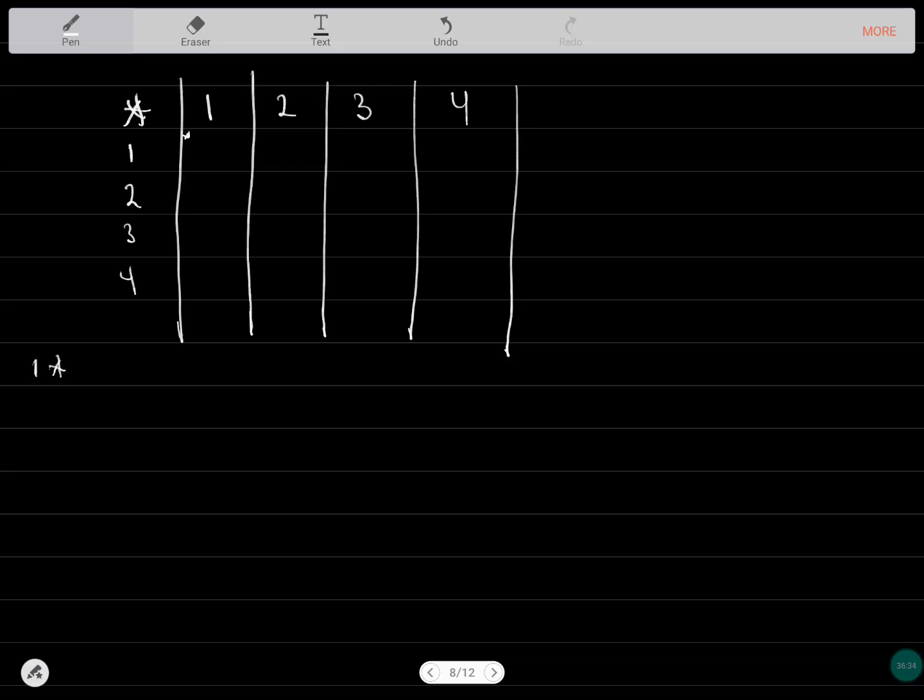We have 1 star 1. So we'll have to solve for this. Then we'll have 1 star 2. We'll have to solve for that. And 1 star 3, then 1 star 4. Then we'll come to 2: 2 star 1, 2 star 2, 2 star 3, and then 2 star 4.